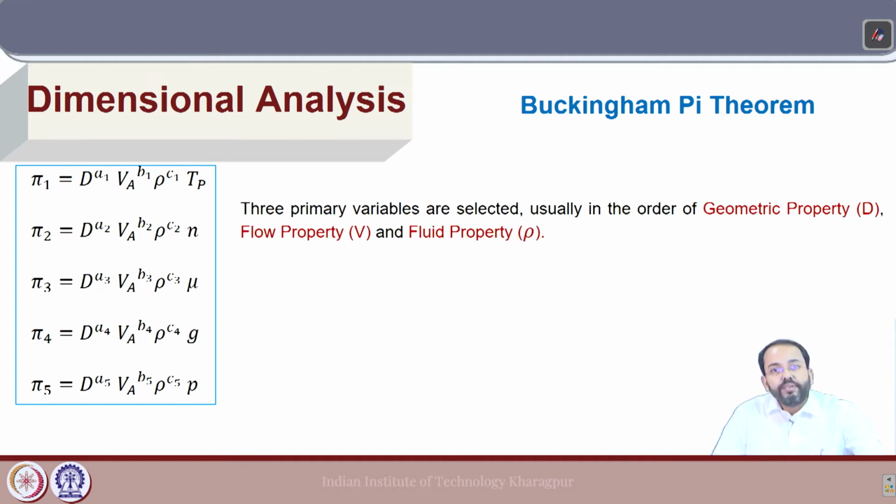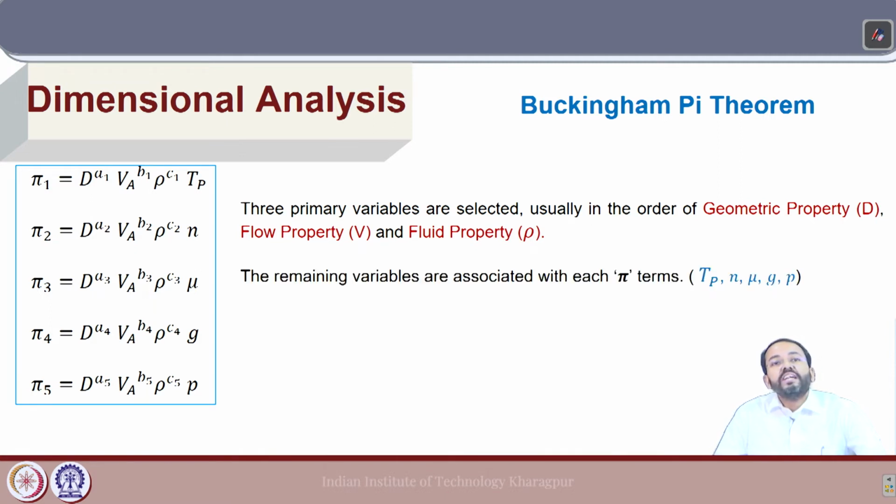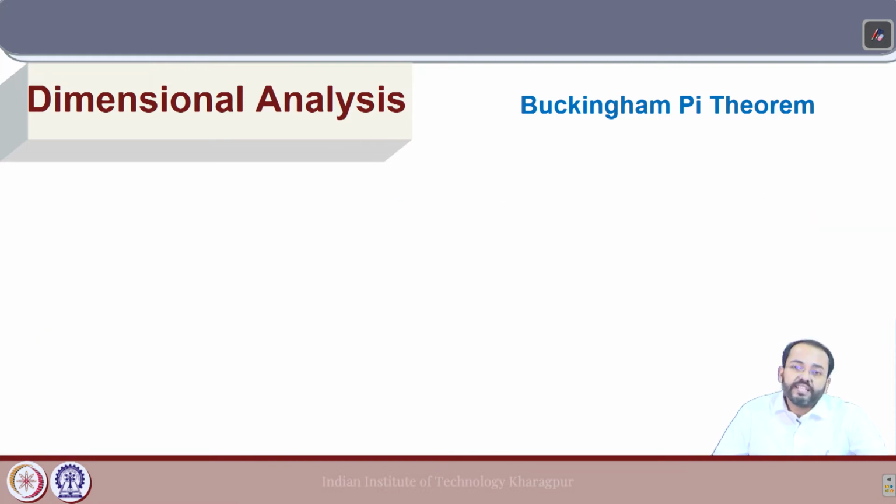In each of them, 3 primary variables are selected, which consist of a geometric property, which is the diameter, a flow property, which is the velocity of advance Va, and a fluid property, which is the density rho. And we combine them with the remaining variables in the pi terms, which are the propeller thrust, n, mu, g and p, and in this way we have constituted the 5 pi terms.